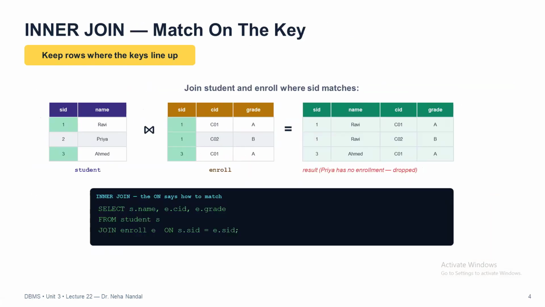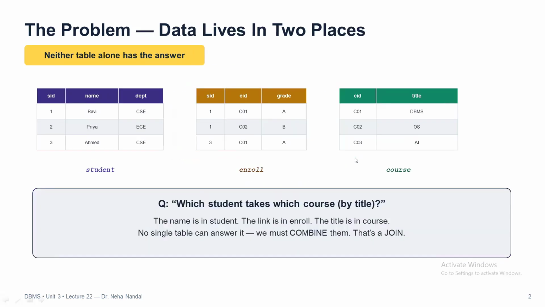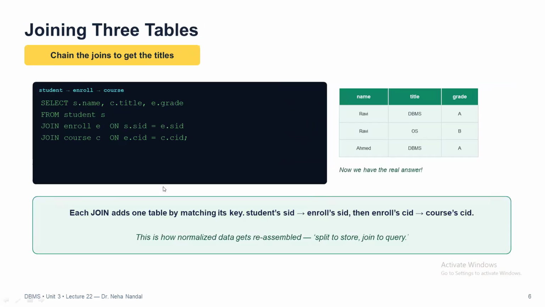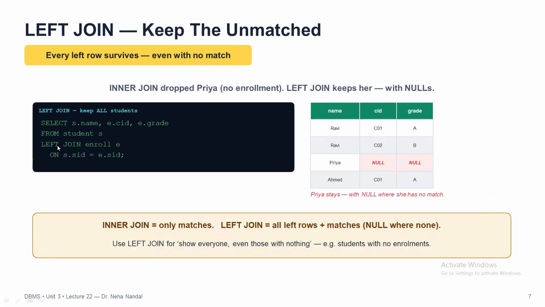In our normal inner join, the output was Ravi and Ahmed. But Priya is left out because Priya was not matching. In left join, Priya will survive, and with Priya, CID and grade will come as null. That is the difference.